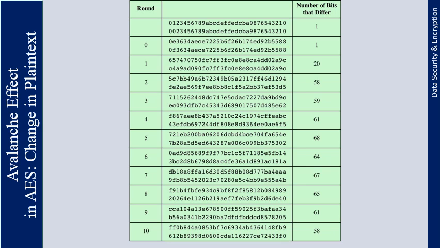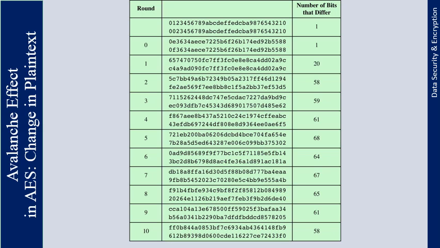If a small change in the key or the plain text were to produce a corresponding small change in the ciphertext, this might be used to effectively reduce the size of plain text or key space to be searched. However, it is desired that the avalanche effect, in which a small change in the plain text or key produces a large change in the ciphertext.